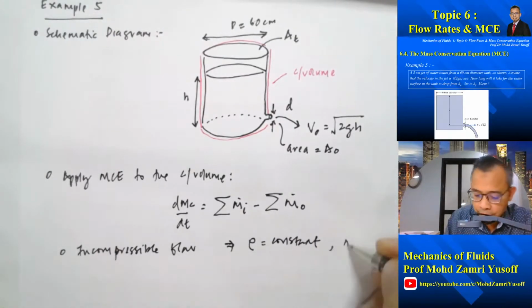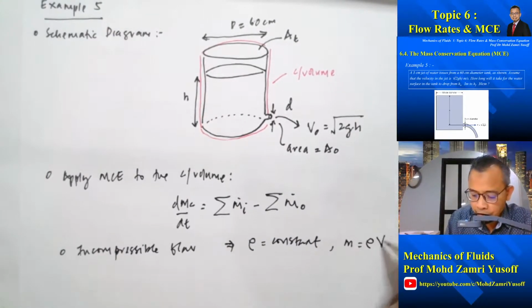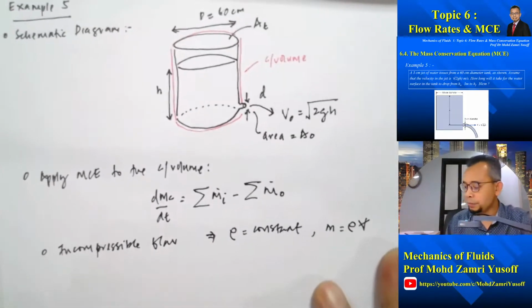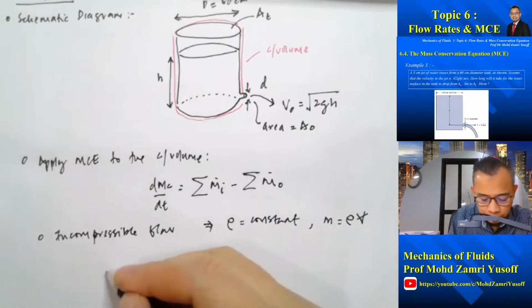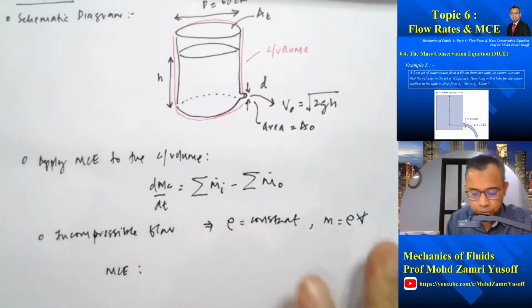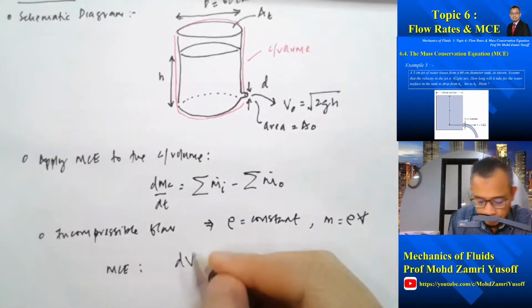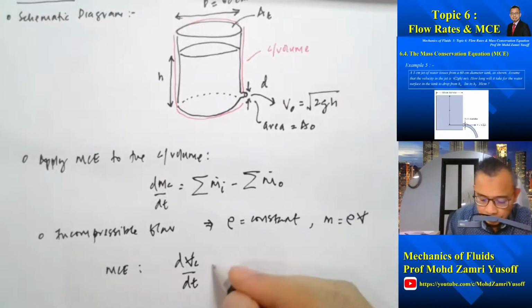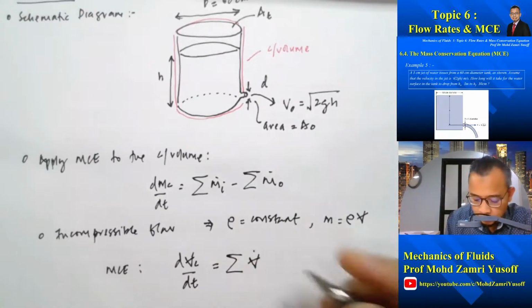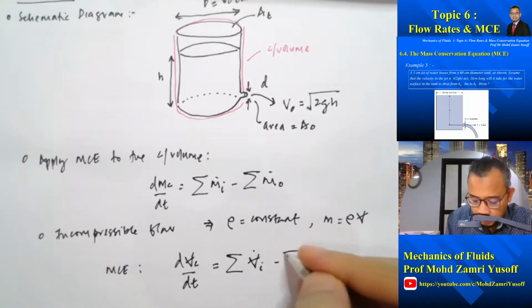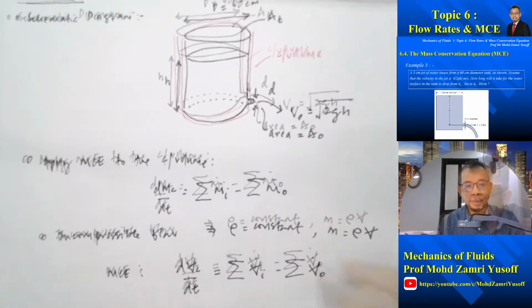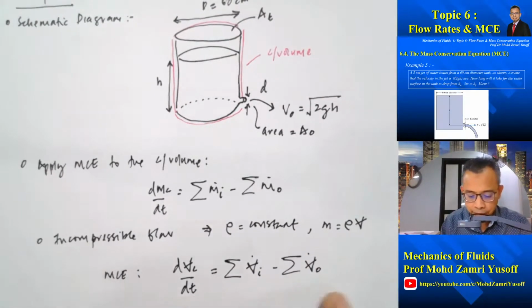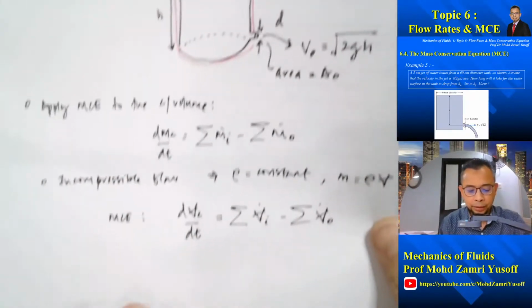We know that mass is equal to rho multiplied by volume, right? So our mass conservation equation now becomes the rate of change of control volume is equal to volume flow rate in minus volume flow rate out. Now let's consider each of these terms one by one.